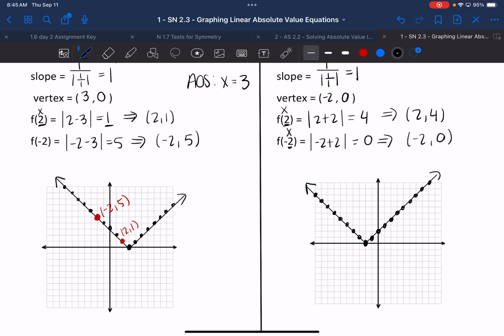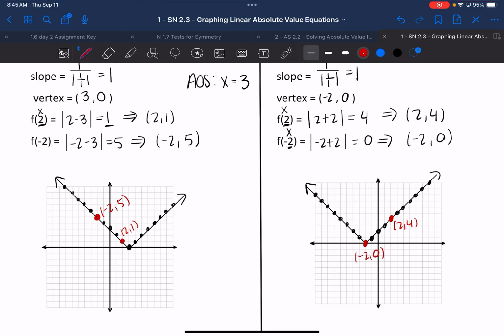All right, and then let's verify those coordinate points. So we said we should have one at +2, +4, which we do right there. There's 2, 4. And we said we also would have one at -2, 0, which we did. That one was our vertex, right?